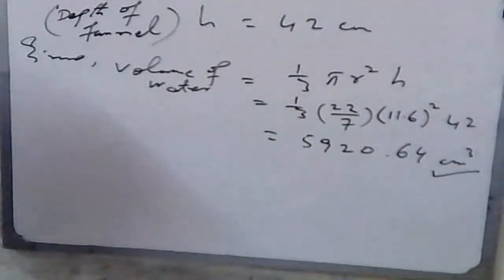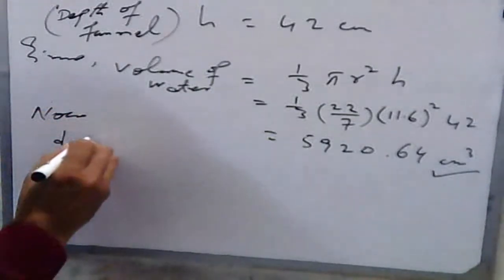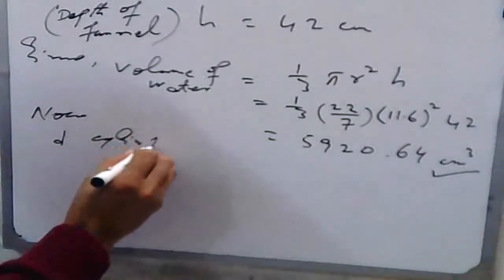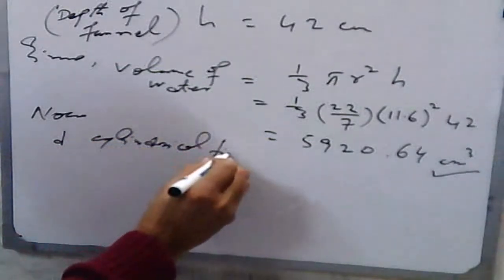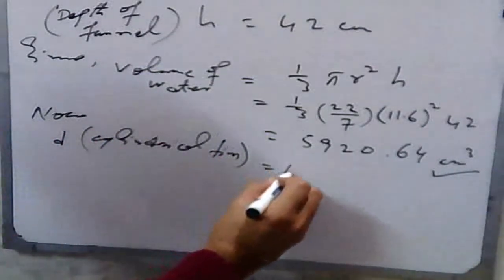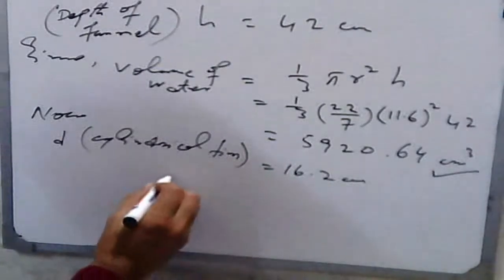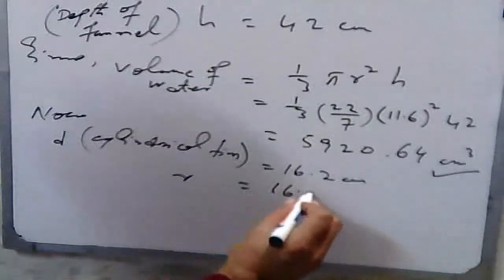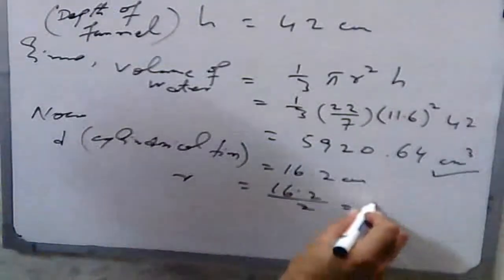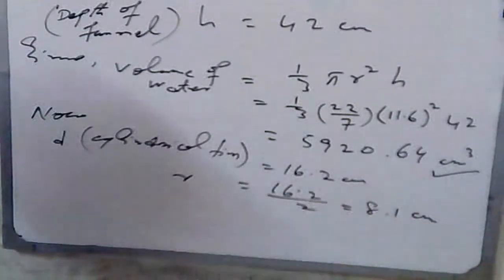Now we can consider the cylindrical tin. The diameter of the cylindrical tin is 16.2 centimeter, and so its radius r will be equal to, dividing by 2, 8.1 centimeter.